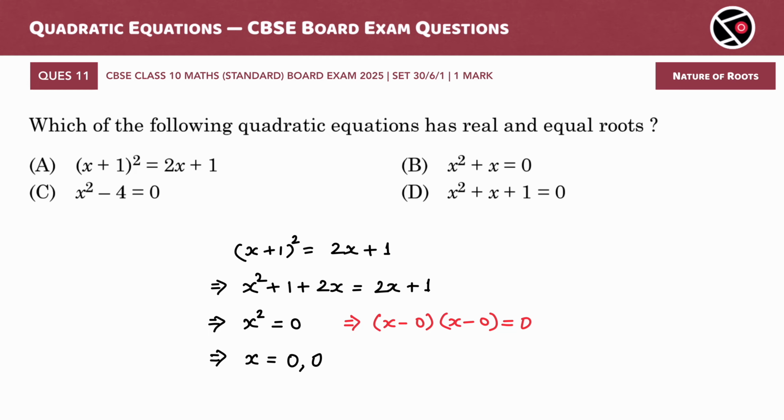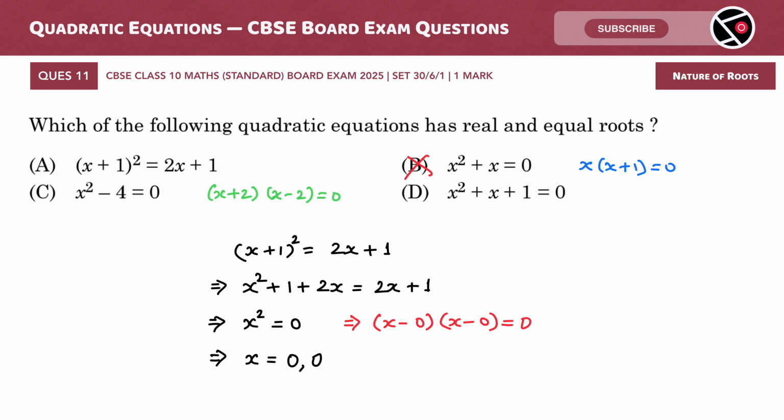Moving to option B, x square plus x equals 0. x plus 1 equals 0. x equals 0 and minus 1. Two different roots. Not correct. Option C, x square minus 4 equals 0. x square minus 2 square equals 0. x plus 2, x minus 2 equals 0. x is minus 2 and plus 2.